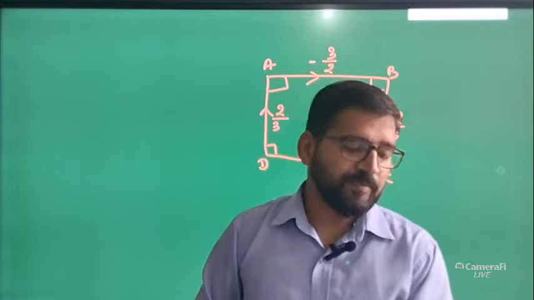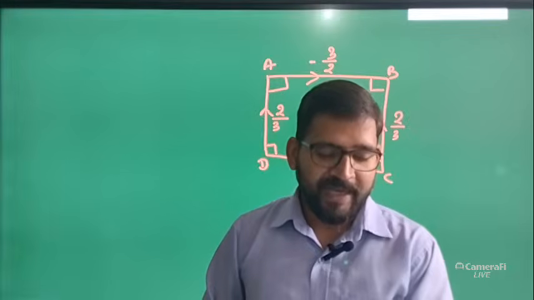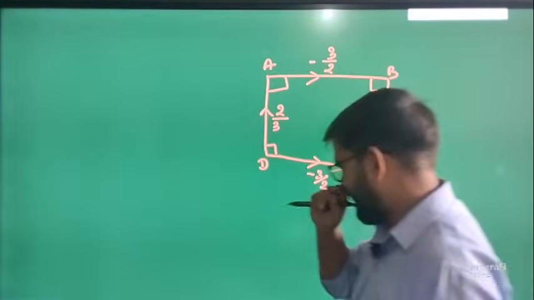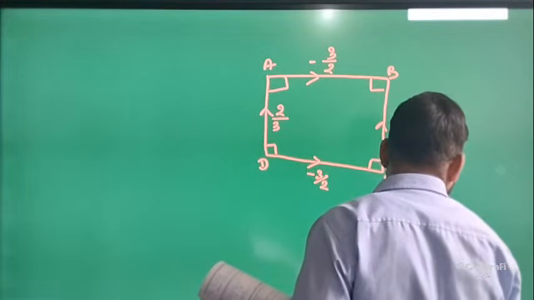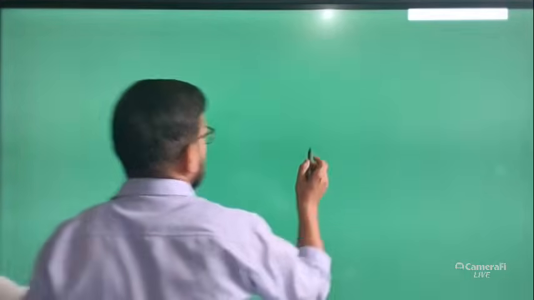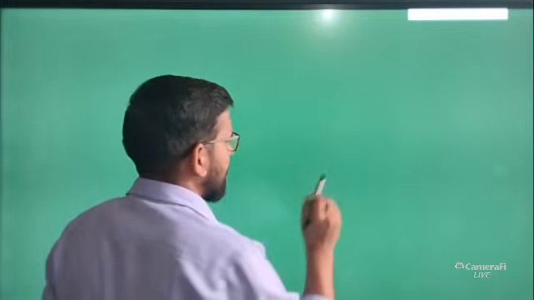Next is question number 6. The side AB of an equilateral triangle is parallel to the x-axis. Find the slope of all its sides. I hope you have understood. It says don't solve this one either; practice it at home in rough. Let me tell you how to do it.